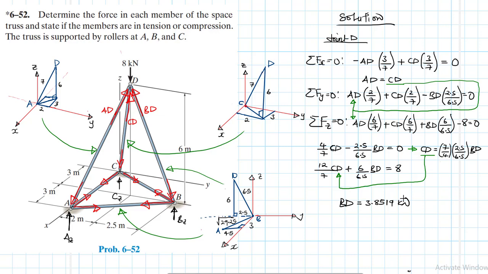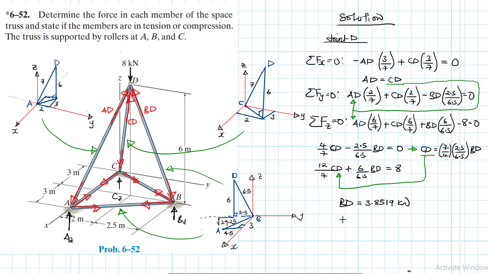Let me just redo it again to avoid errors. 12 divided by 7 plus 6 divided by 6.5 and 8 divided by the answer. Alright, 3.8519.